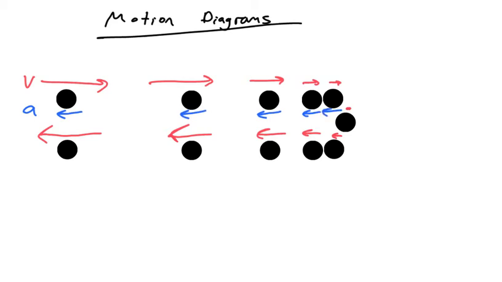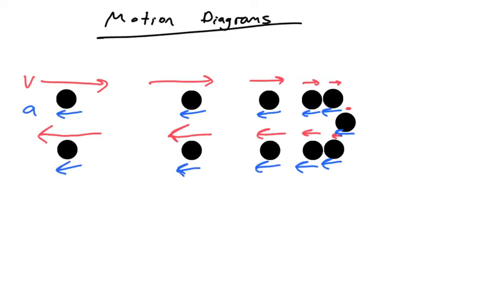And then for this other section, our object is going to be speeding up as it moves to the left here. So that means that our acceleration vectors need to be in the same direction as our velocity vectors, which is to the left still. So we'll still have these leftward arrows all the way through.